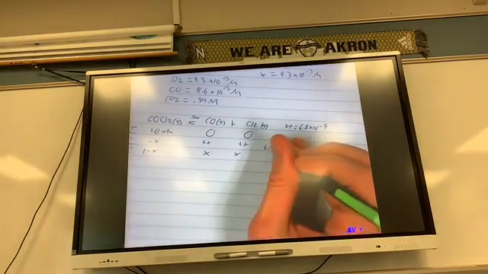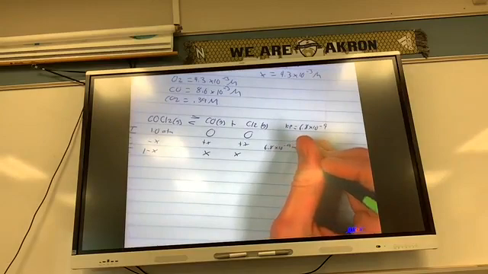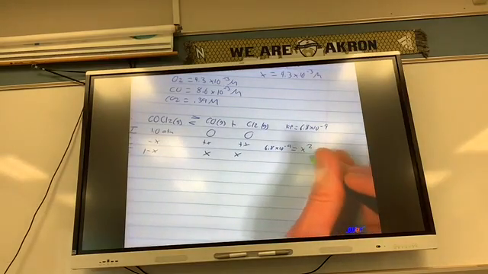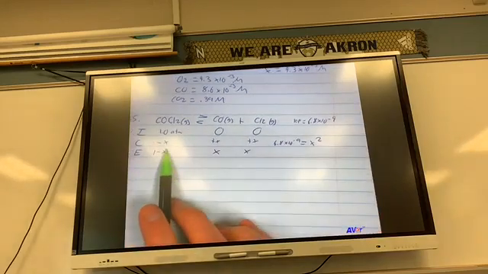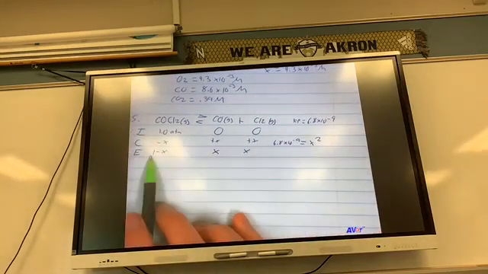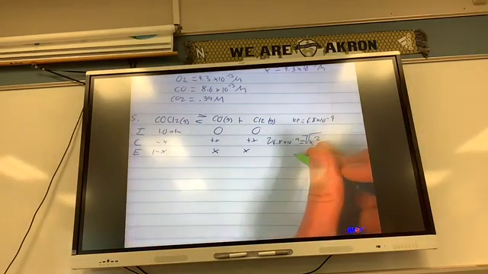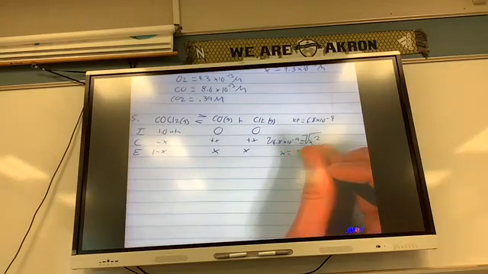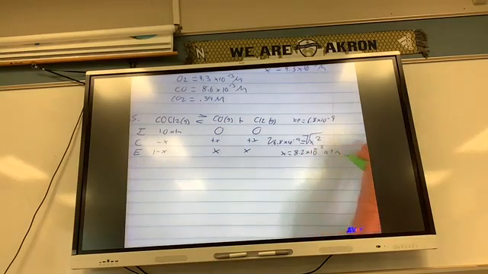So 6.8 times 10 to the negative ninth equals x squared over 1 minus x. Because this x is going to 0, it's really just x squared over 1. Take the square root of both, and you end up getting x equals 8.2 times 10 to the negative fifth atm.